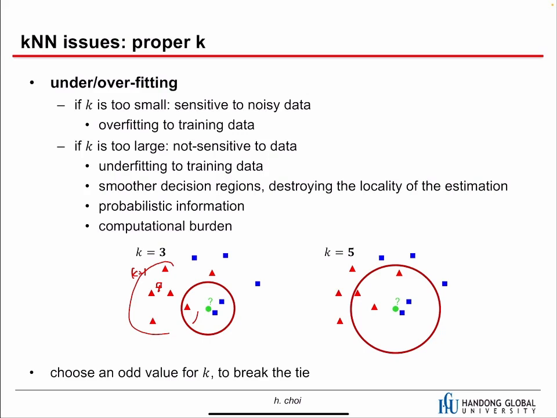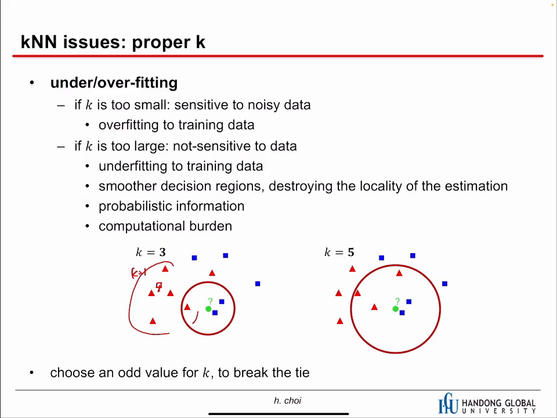But as we increase k, the boundary will be really smooth, which means it will not be sensitive enough to the training samples. So there is a trade-off. It could be underfit or it could be overfit. We have to find the proper area between these two extremes.